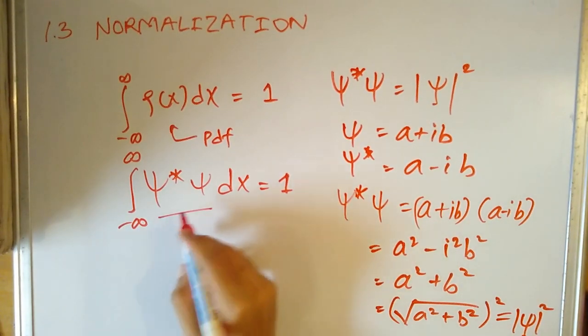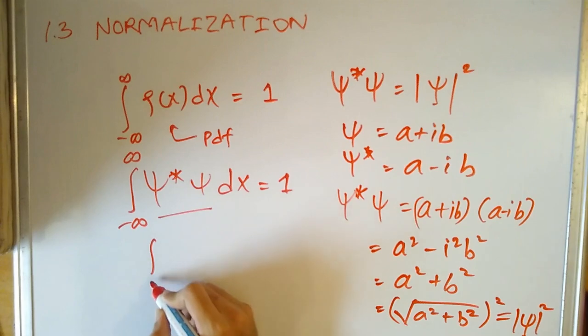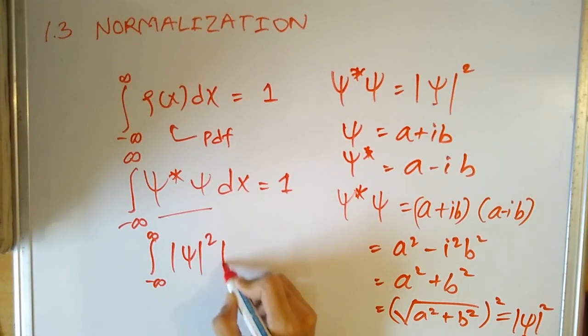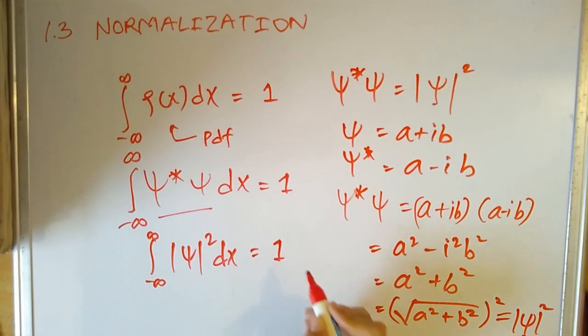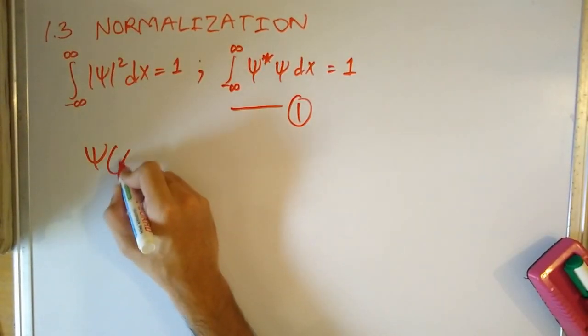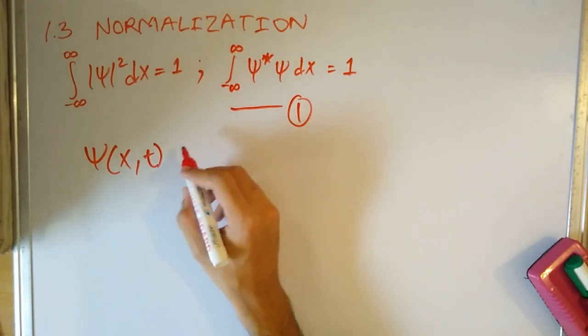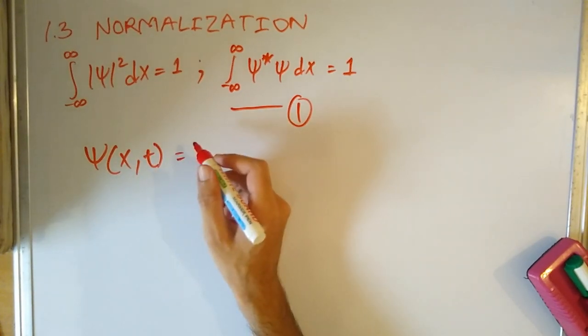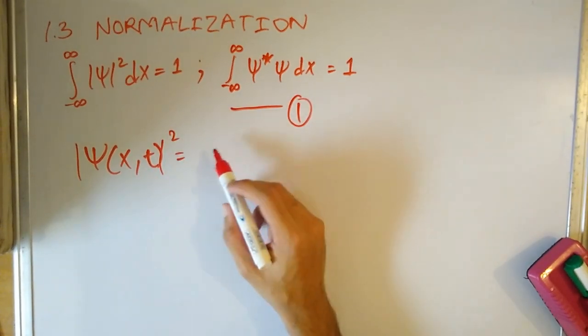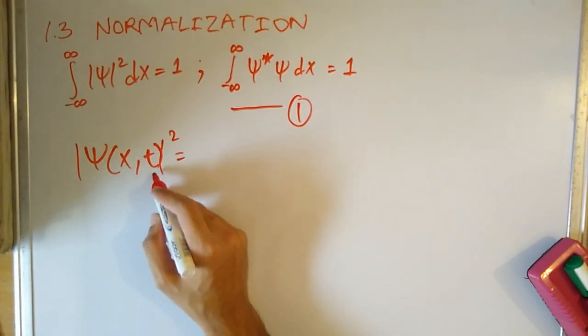So we can replace this quantity by modulus psi squared, and the integral of modulus psi squared dx equals 1. Now if you write psi of x and t, it will be the probability density of finding the particle at position x and time t.